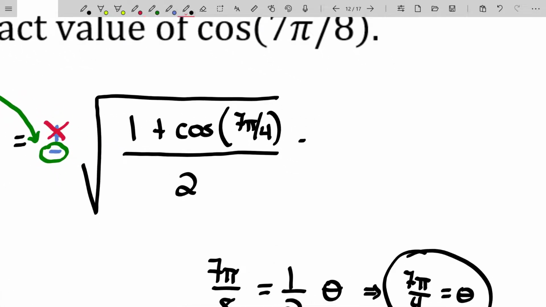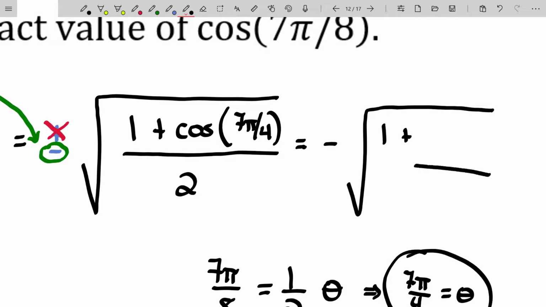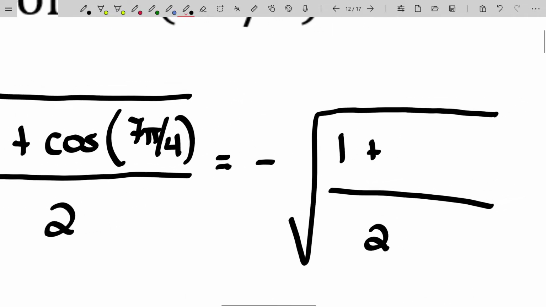So we have now that this is equal to a negative square root of 1 plus something over 2. Well, let's take a look at this. What is the reference angle for 7 pi over 4? The reference angle there is pi over 4.